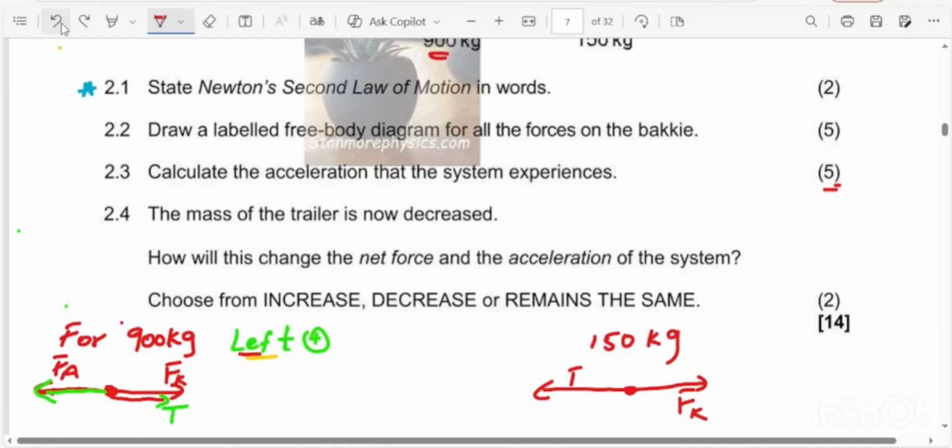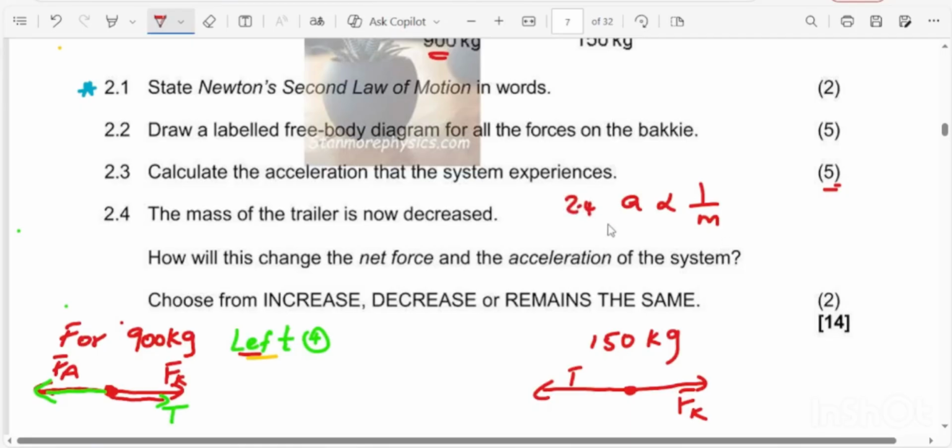So Newton's second law: when a net force is applied to an object of mass, it is going to accelerate in the direction of the net force. So the only thing I'm interested in is that the acceleration is directly proportional to the net force, and the acceleration is inversely proportional to the mass. So I can say acceleration is inversely proportional to the mass.